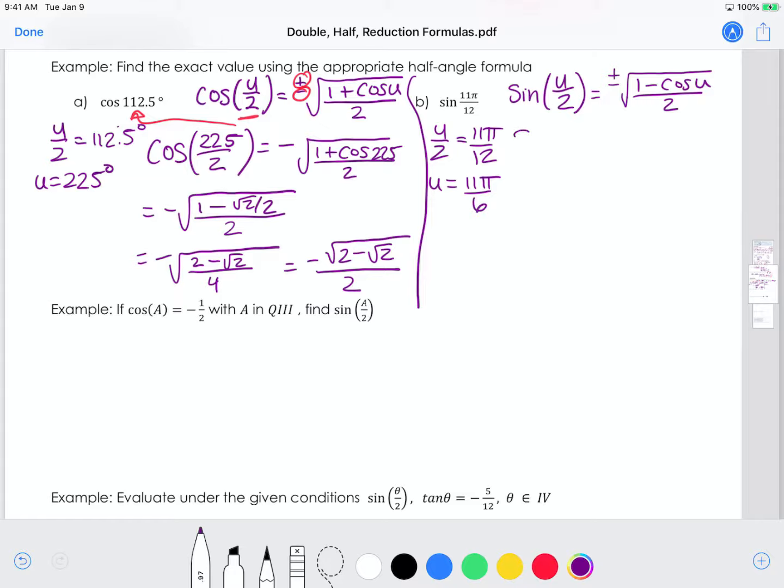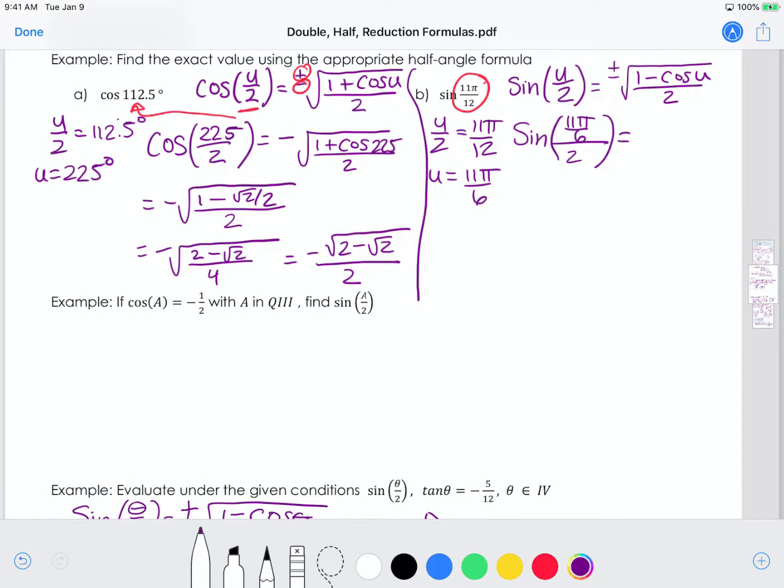So I would have sine of 11 pi over 6, which is u, all divided by 2, is equal to, and I would have the square root. Now I have to choose if it's plus or minus. If I look at 11 pi over 12 on the unit circle, it would be in quadrant 2.